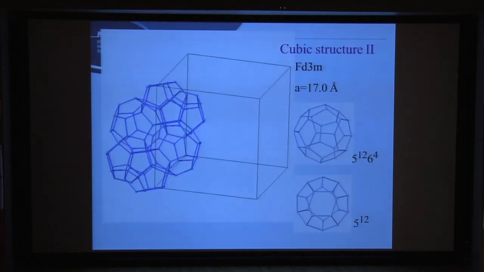Structure 2, also cubic, has a different cage. This one has 4 hexagonal faces. This one looks much the same as in structure 1. And again, the packing of the cages together gives a 3-dimensional structure.